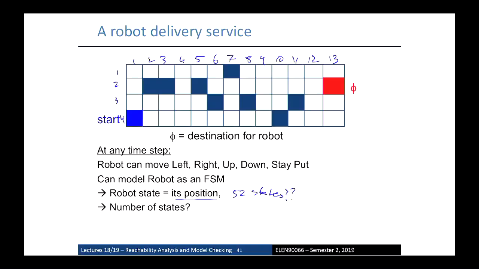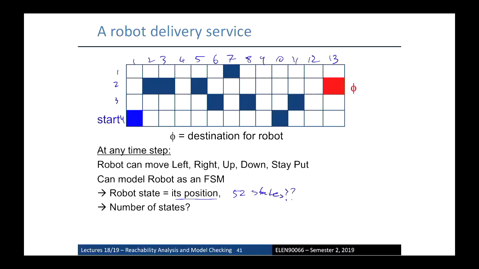You might have multiplicity depending on how many variables you want to encode. Do you want a variable to encode the last direction that it turned, so you alternate left, right, 1, -1, something like that? It's going to blow up the state space as well. But for a very, very simple setup, 52 states would be the obvious minimum number of states you could have for the robot.